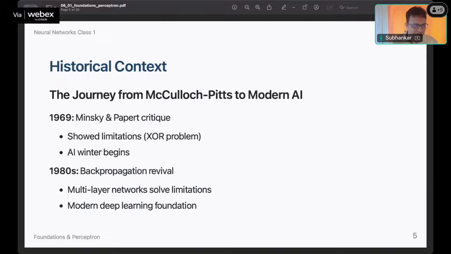Now, what happens in the 1980s? Backpropagation came. Researchers discovered or rediscovered backpropagation, an algorithm to train multi-layer neural networks, and suddenly we could solve XOR-like problems.